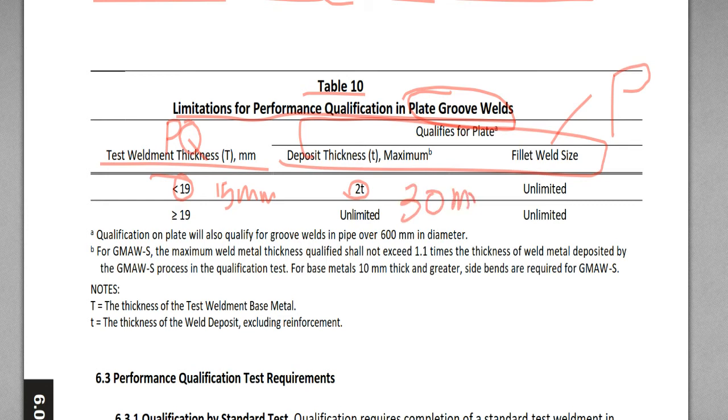And fillet weld size is unlimited. And if you use thickness over 19 including up to 90 millimeter, such as 30 millimeter, the maximum deposit thickness qualification for the production welding is unlimited, and fillet weld size is unlimited.